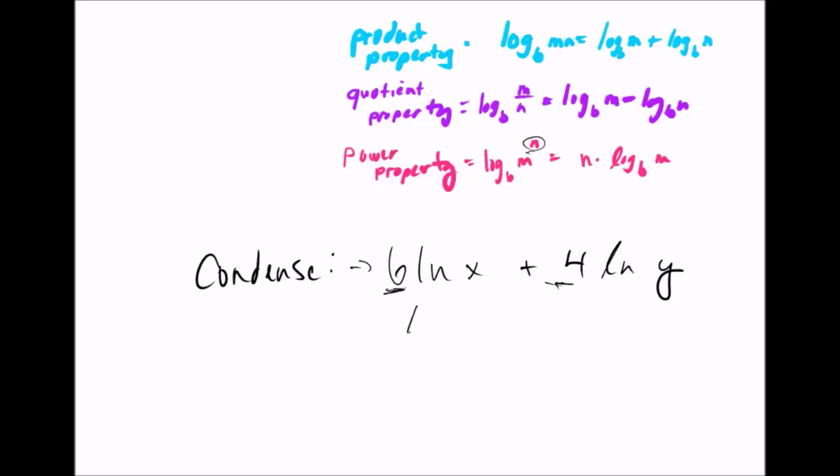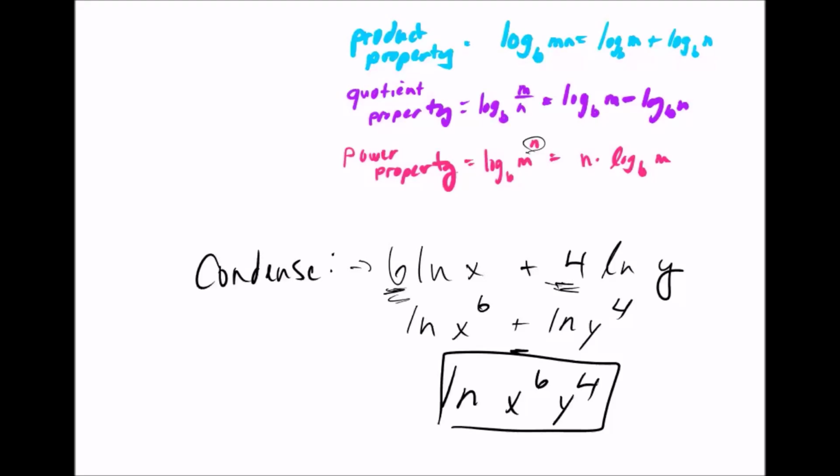So we can rewrite this as natural log x to the 6th plus natural log of y to the 4th, because the power property puts that coefficient in front. Now, when we see plus, we know that they used the product property, so we reverse that. We have natural log of x to the 6th times y to the 4th, and that's the condensed form.